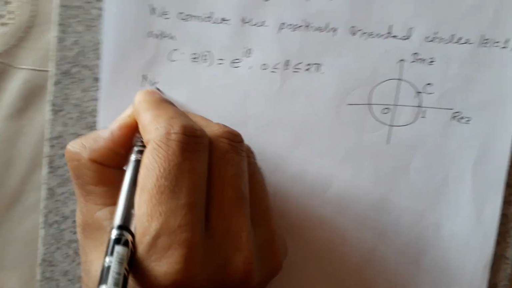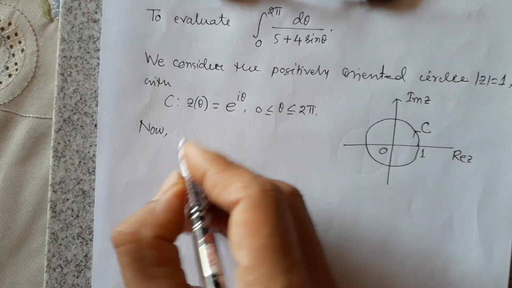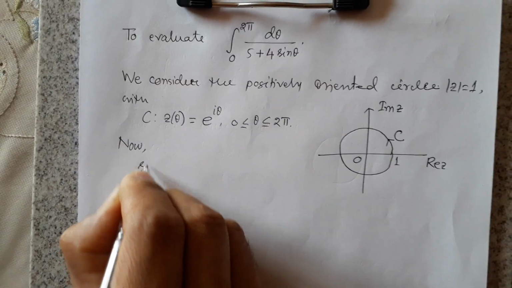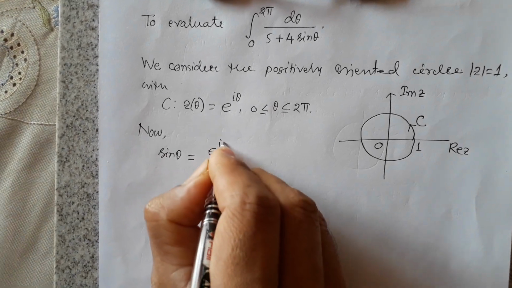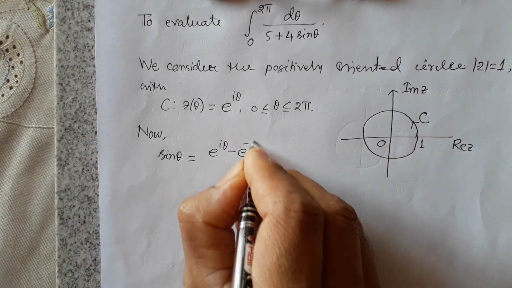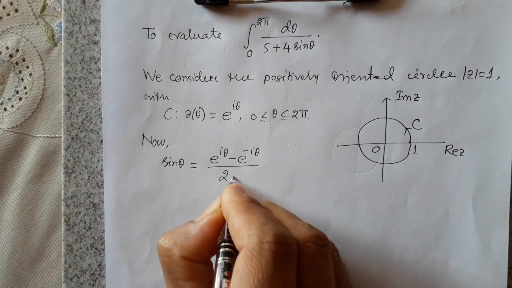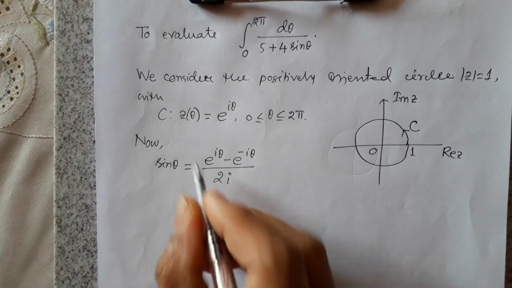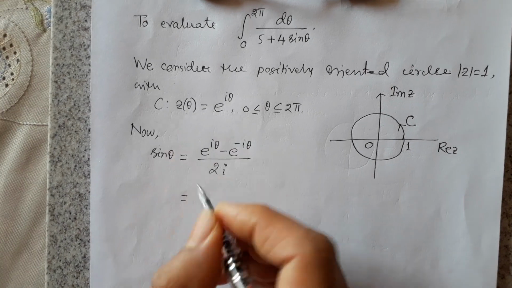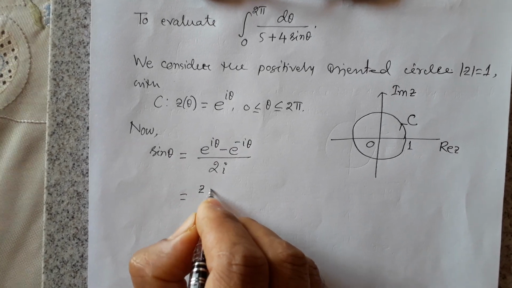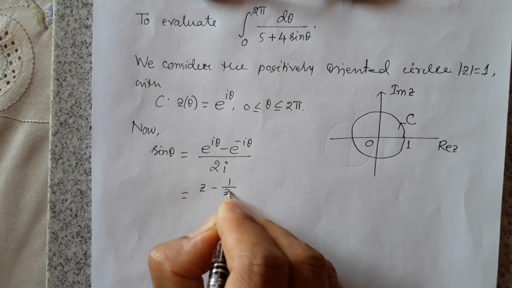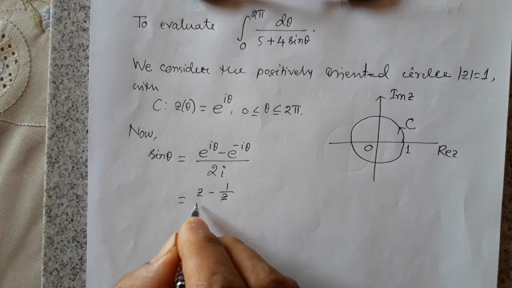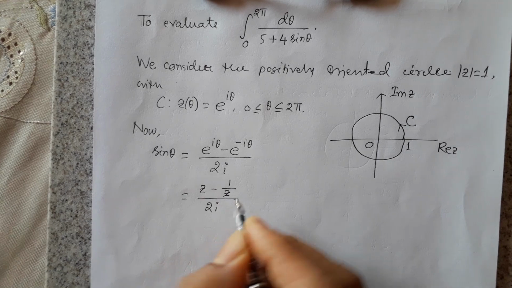Now in the integrand we have sine theta. So what is sine theta? Sine theta is e to the power i theta minus e to the power minus i theta divided by twice i, and because e to the power i theta is z of theta, we just write z, so it is z minus 1 by z divided by twice i.